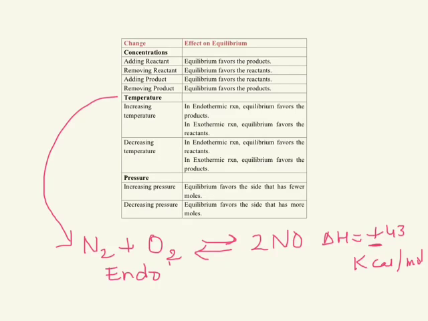So again, the important thing is to find out whether it's endothermic or exothermic. So let's say now we know the reaction is endothermic. What if you are increasing the temperature? Let's say in a vessel you have N2 and O2, they are combining, forming NO. NO is breaking down to form N2 and O2. Let's say you start heating it, you're increasing the temperature.